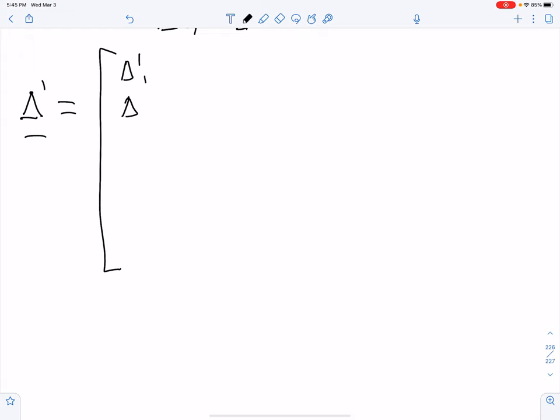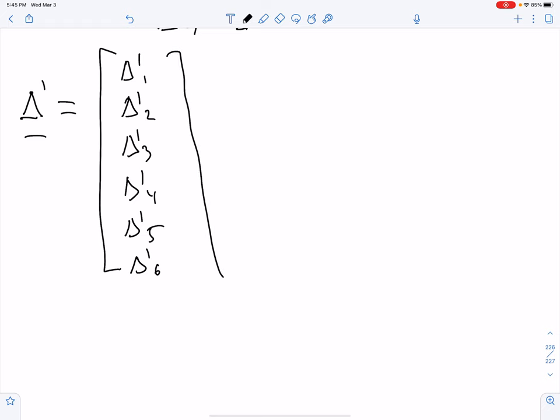So now I can say that the delta prime vector is a collection of 6 entities: delta prime 1 through delta prime 6, a mix of displacements and rotations.